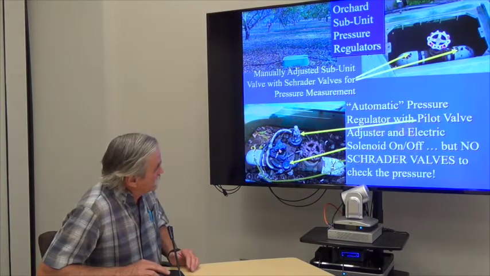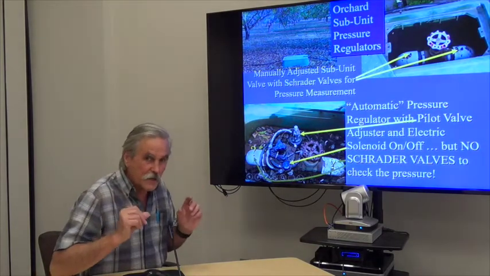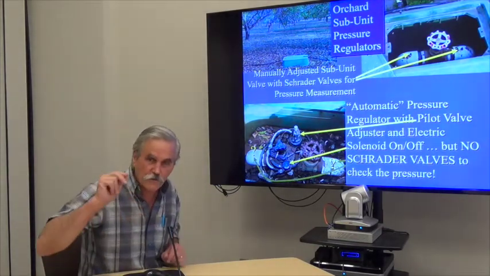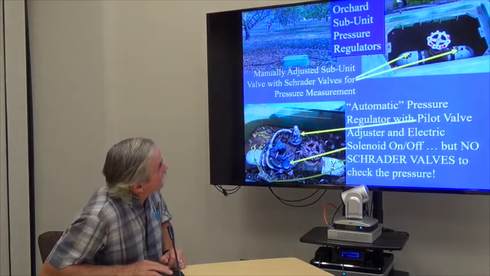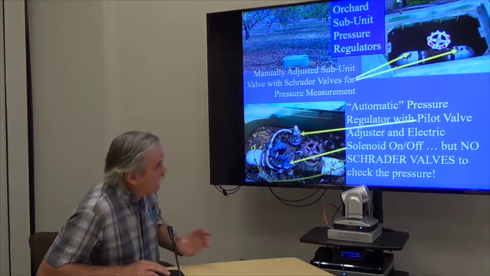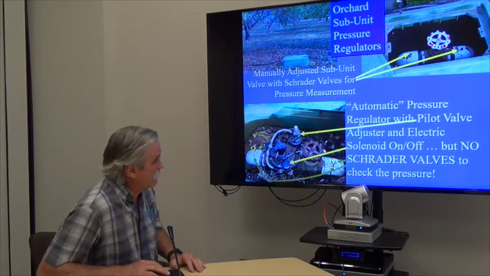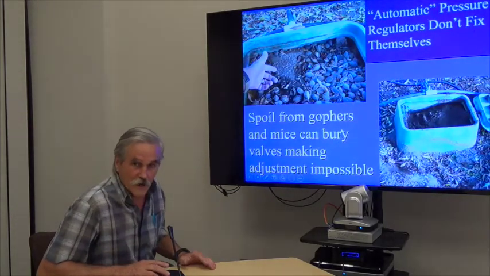So automatic regulators have a pilot on them that help you maintain, theoretically, a uniform pressure across the manifold that is served by that regulator. All well and good. So automatic means you never have to check them, right? Yeah, wrong.